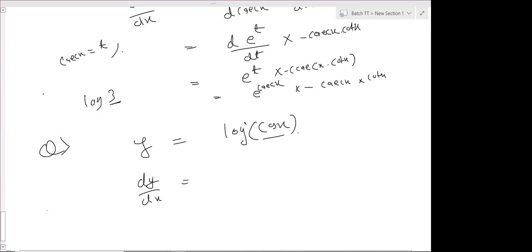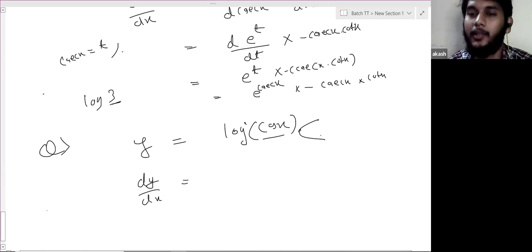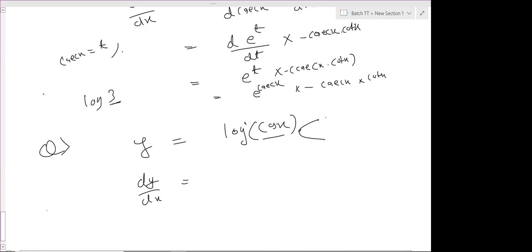Can you figure out which is the body and which is the soul here? Log is the body and cos x is the soul. So what should I write here?